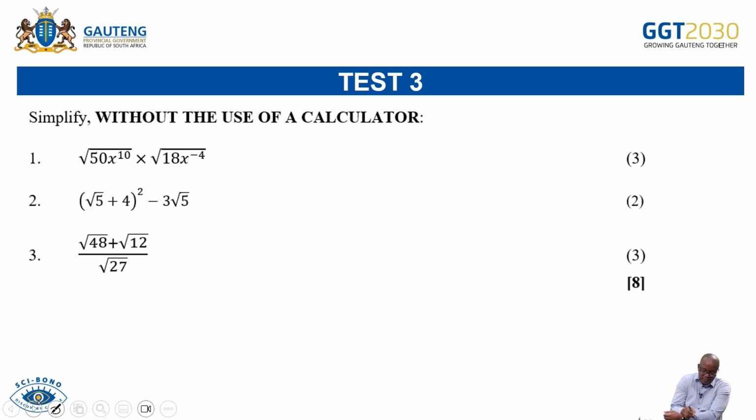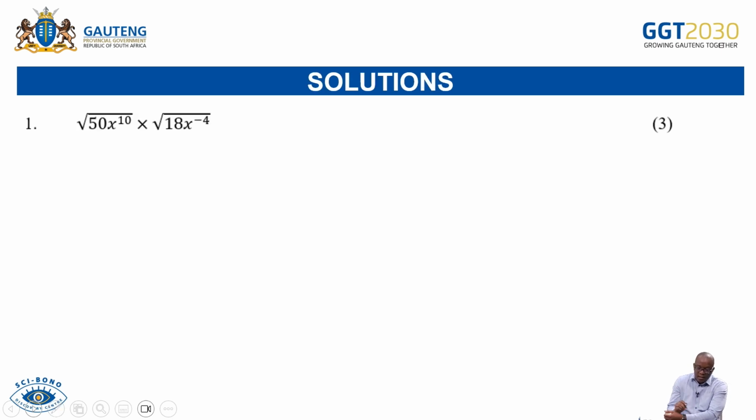Then what do we do there? The first one, it's square root of 50 x to the exponent of 10 multiplied by the square root of 18 x to the exponent of -4. Then what do we do on this one?